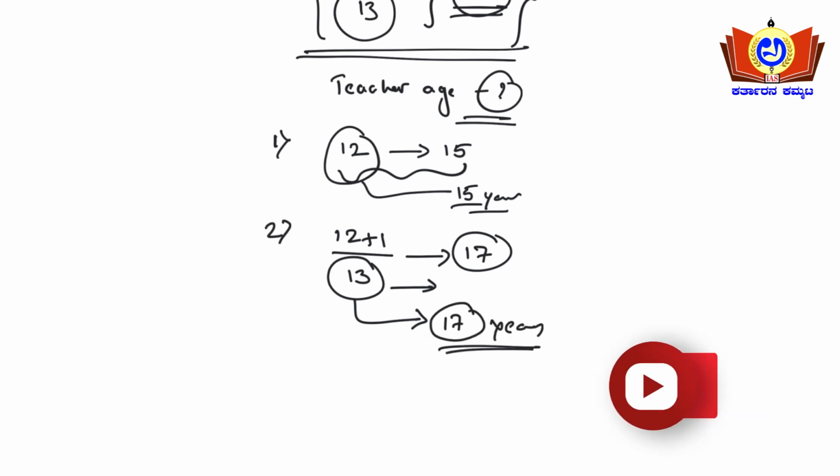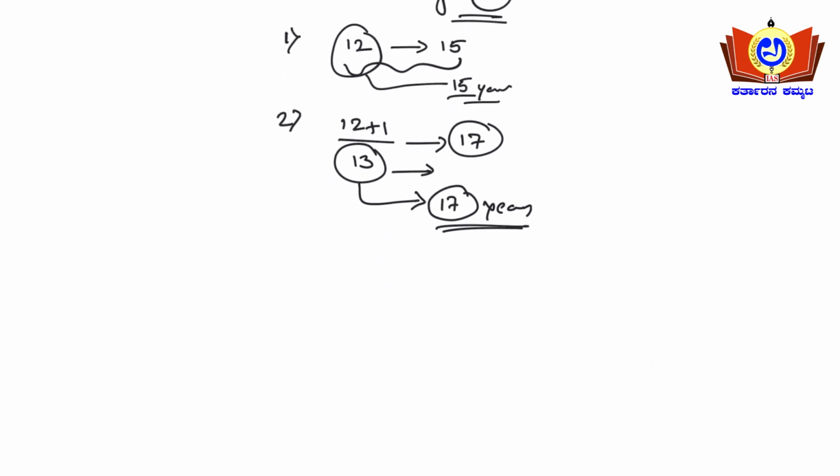This is the concept. Not that each person actually has the age of 17 years. Obviously the teacher's age will be much higher than the students' age, and the students will not all be of the same age. There will be a difference in ages, but when we calculate the total age and divide by the number of observations, we get an idea that each person has that average age. So when you understand these two statements, guys: in the earlier statement, 12 students with average 15, each student's age is 15 years.